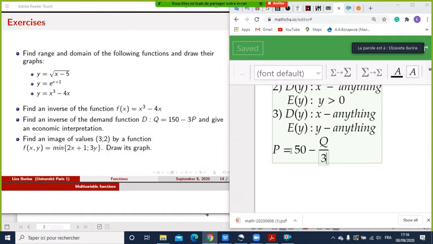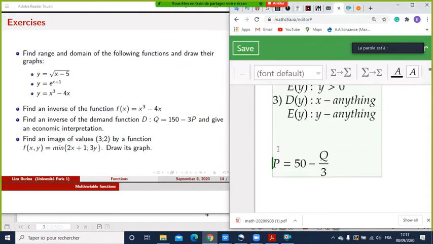Okay, so initially we started with Q equals 150 minus 3P.